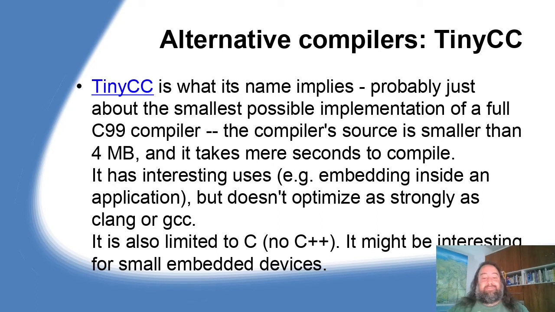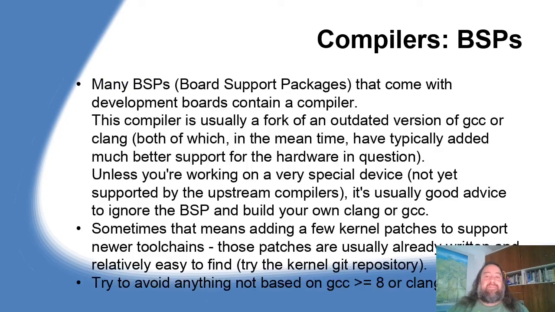It doesn't support any language other than C. It doesn't have all sorts of other features. So it might be interesting if you're building a small embedded device, or if you need a compiler to embed into your own stuff that doesn't need to do anything in particular. But unless you're on a really small device, it probably isn't a good option as the main system compiler.